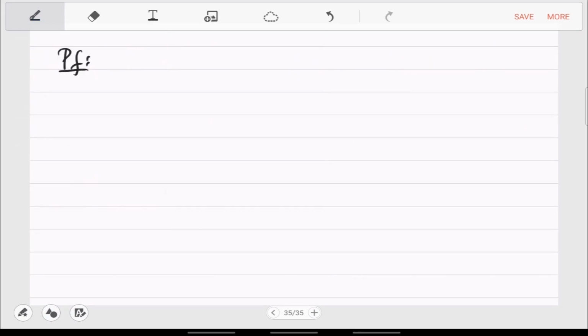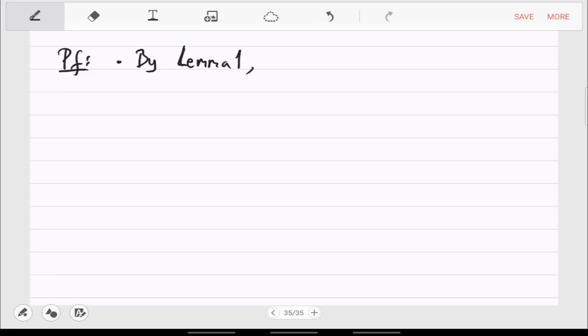That is the proof. These are the things that you have to formally work out and write. If you don't write everything, we will consider it a bluffing proof and not a proper proof. So by lemma 1, there are log n steps.